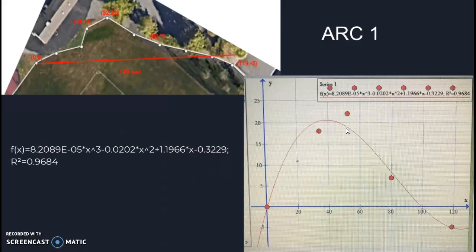Next slide. There it is. Okay. So this is my arc 1. I used a straight line using Google Maps, and I drew it right on there, and I found some points using the measurement. I measured this point to be 119 feet, and then from there I used the ruler on Google Maps and would go across to reach that point, and I'd measure how far that was.